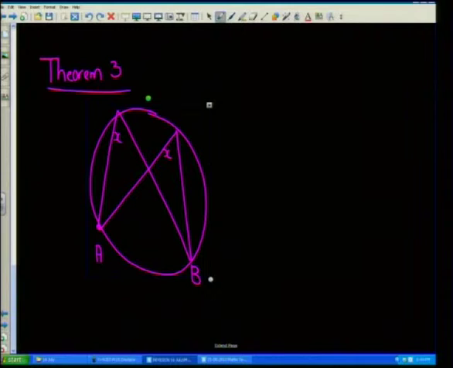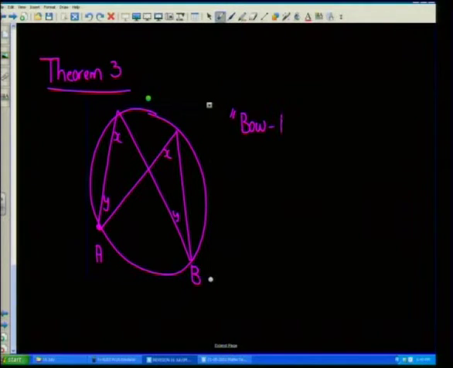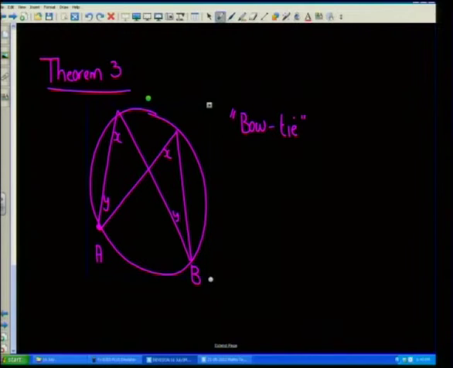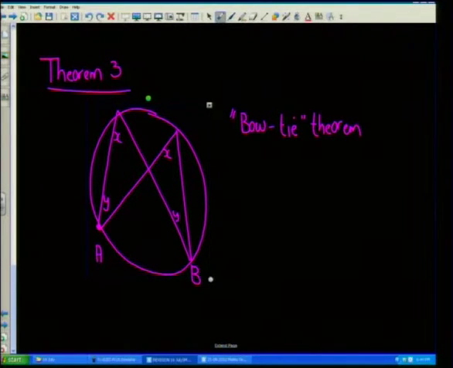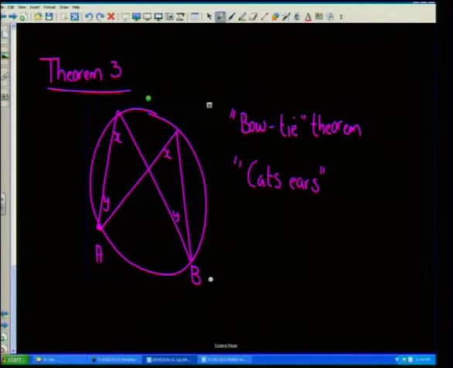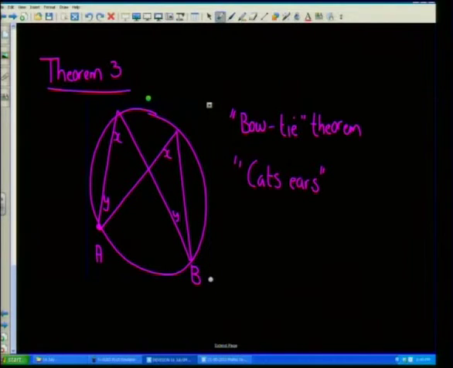Now, likewise, these two are going to be equal to each other. A lot of candidates refer to this as the bow tie theorem because you can see it obviously looks like a bow tie. Other candidates refer to it as the cat's ears theorem.